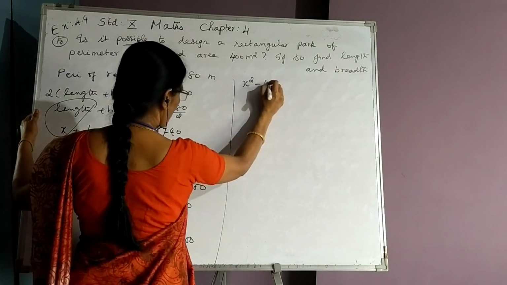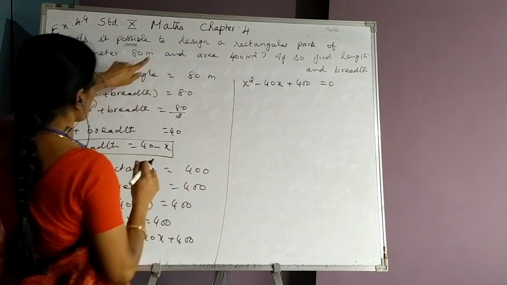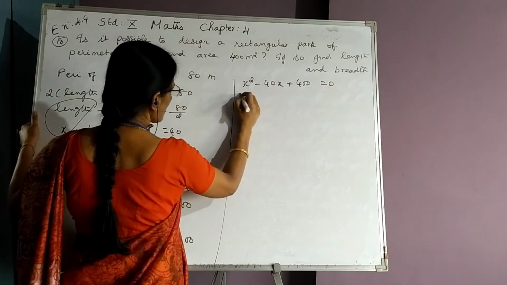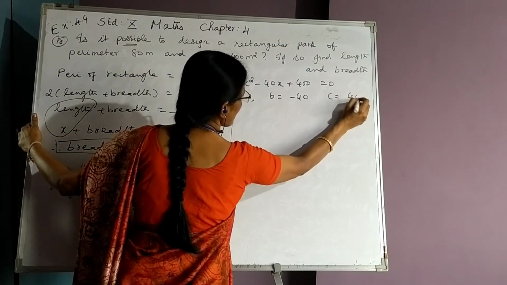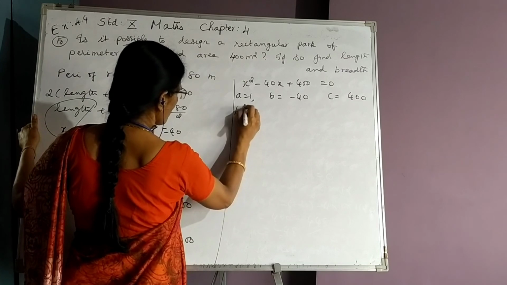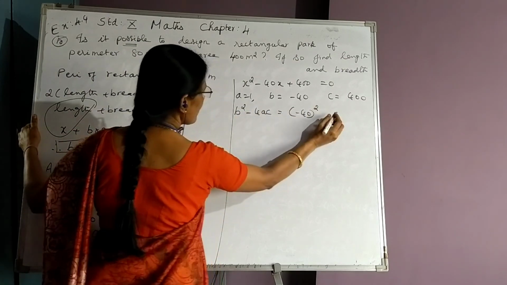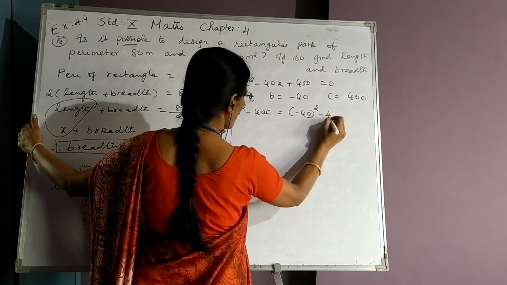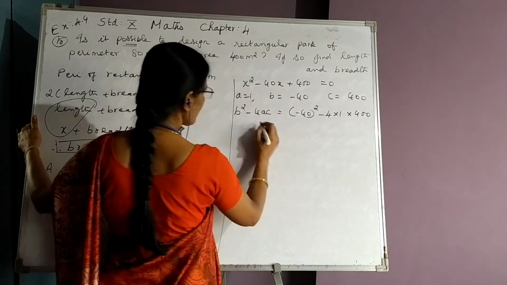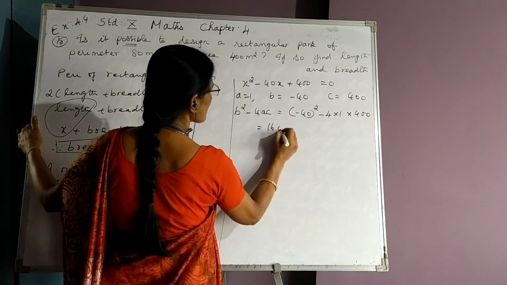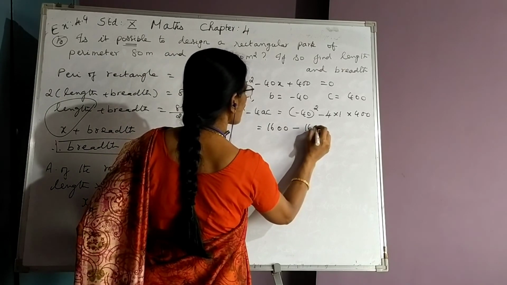Here we have to find the discriminant. If it is greater than or equal to 0, it is possible to design. So here a is 1, b is minus 40 and c is equal to 400. The value of b square minus 4ac is minus 40 square minus 4 into 1 into 400. 40 square is 1600, and here we are getting minus 1600.